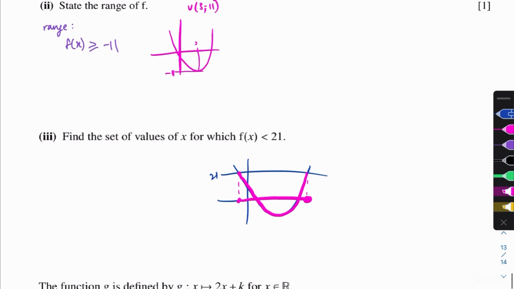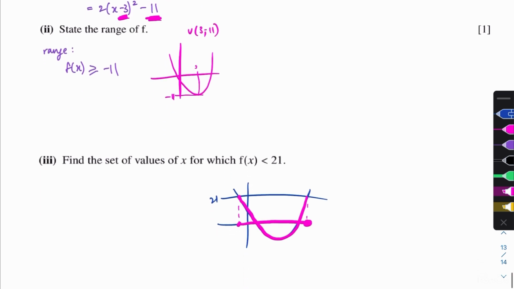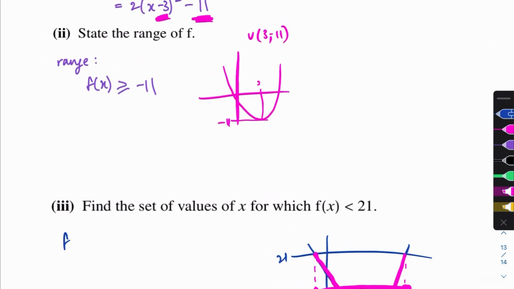So all we need to do for this is write f(x) down. So f(x) equals 2(x minus 3) squared minus 11, and we want this to be less than 21.